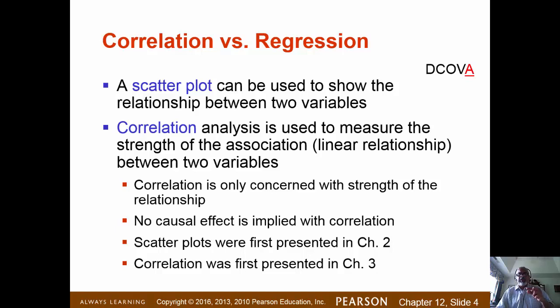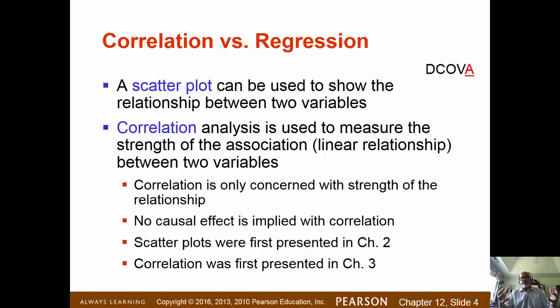Now let's go back to chapters 2 and 3, where we first introduced these concepts called scatter plot and correlation. Scatter plot and correlation are appropriate when you have two numerical variables. In chapters 2 and 3, we discussed visualization and summarization of data. When you have two numerical variables, you can plot one variable on the x-axis and the other variable on the y-axis.